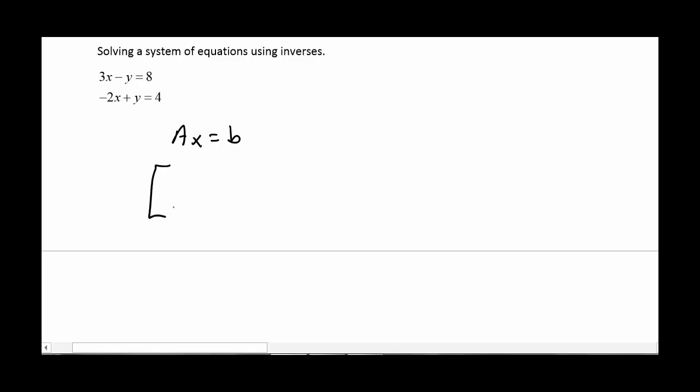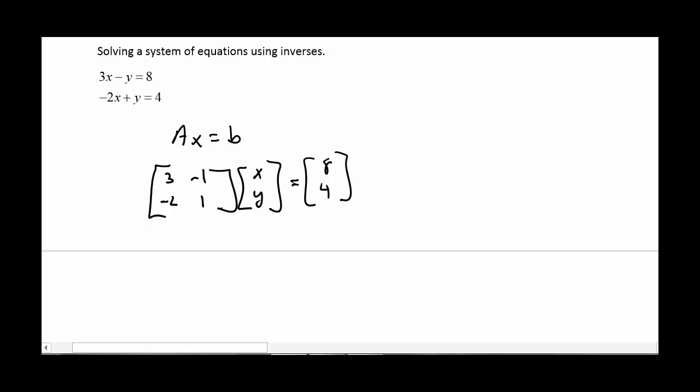The variable matrix is x and y. The coefficient matrix is just the collection of the coefficients, so 3, -1, -2, and 1. And the constant matrix is just the constants that were on the right side anyways.